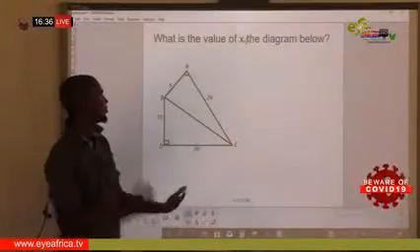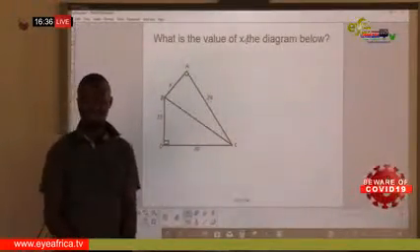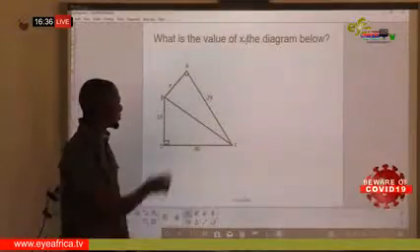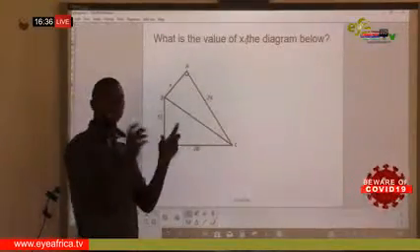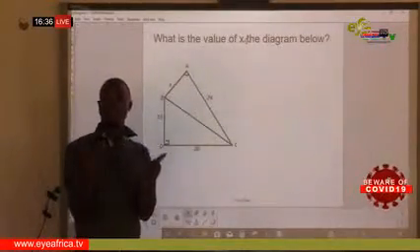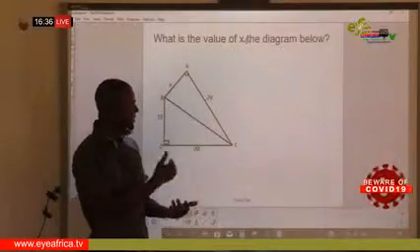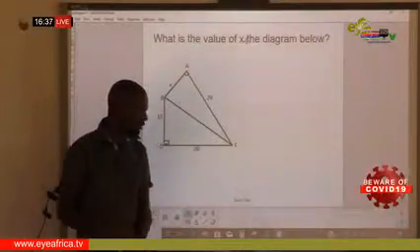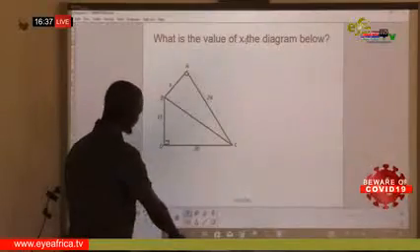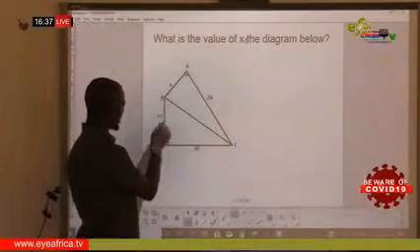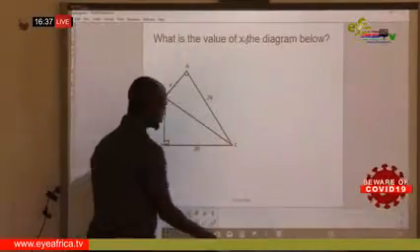Now, we are asked to find the value of x. We first look at one of the right angle triangles where you have two sides, find the third side of that one, and that third side will help you to find what you are asked to find. So we do that. This is the first right angle triangle.